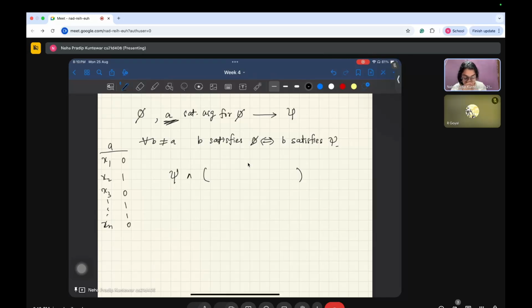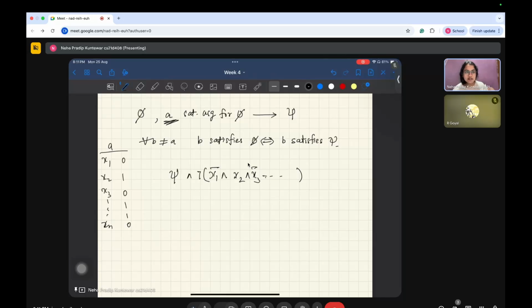What I'll do is take the AND of these values, so x1 is 0 and x2 is 1 and x3 is 0 and so on, and then include its complement with psi.